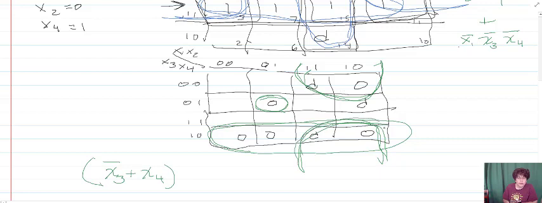This group of 4 has x1 equal to 1, so that's an x1 bar. And what else does it have in common? The other thing it has in common is x4 equal to 0, so that'll be plus x4.